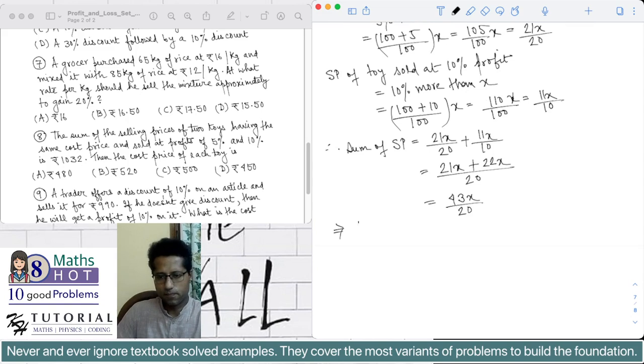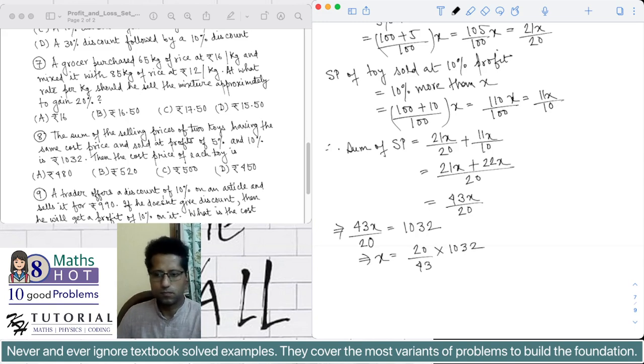Now the sum of the two selling prices is given to be equal to 1032. So we can say 43x divided by 20 is equal to 1032. So this implies x is equal to 20 by 43 multiplied by 1032.